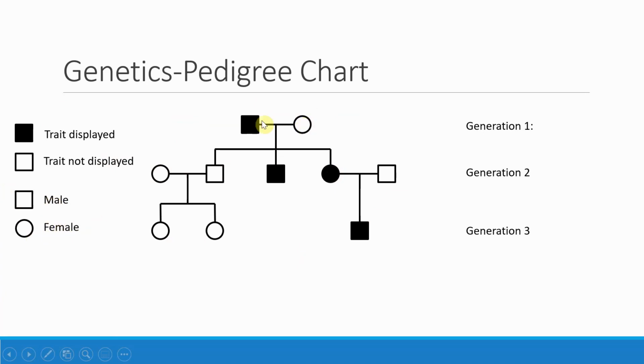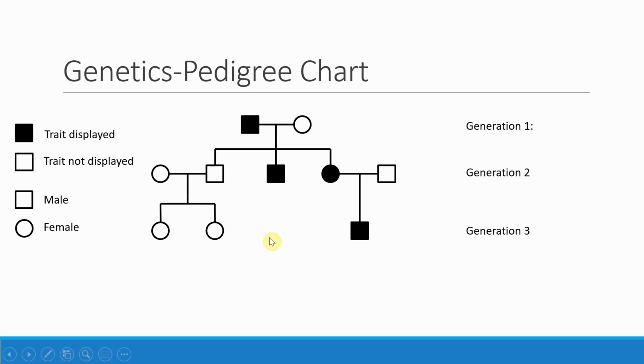And now you'll notice some are solid, some are empty. So it'll also be in the key saying, hey, if it's solid, some trait is being displayed. If it's empty, the trait is not being displayed. So they might ask you to use this fact to try and figure out which one's dominant and which one's recessive.